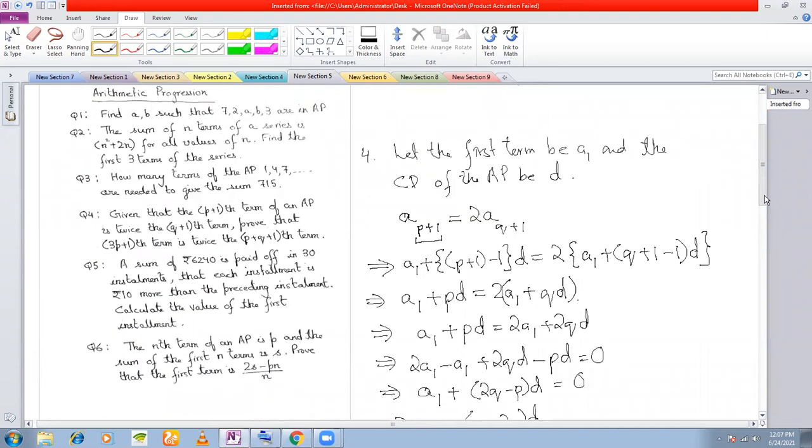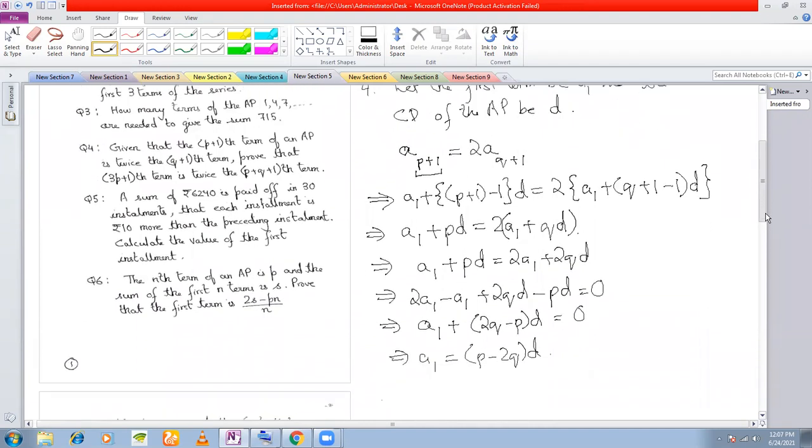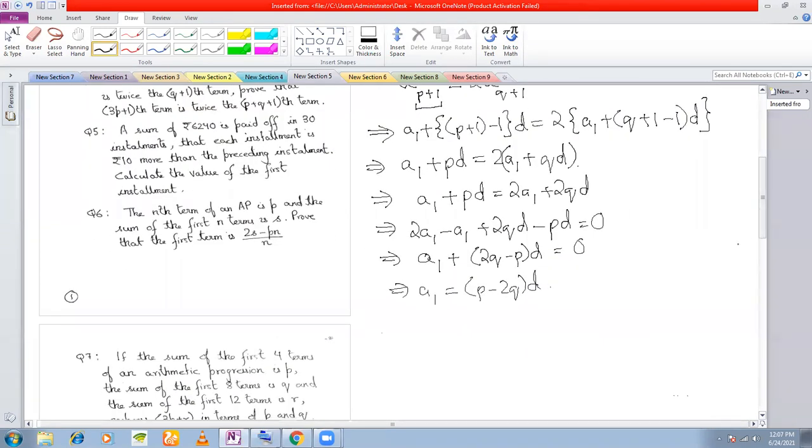And what have they asked you? They have asked you to prove that the 3p plus 1th term is twice the p plus q plus 1th term. So we proceed to find the 3p plus 1th term. Therefore, a 3p plus 1 will be equal to a1 plus (3p plus 1 minus 1) into d, which simplifies to a1 plus 3pd.